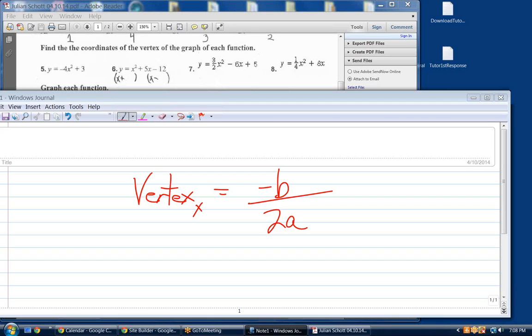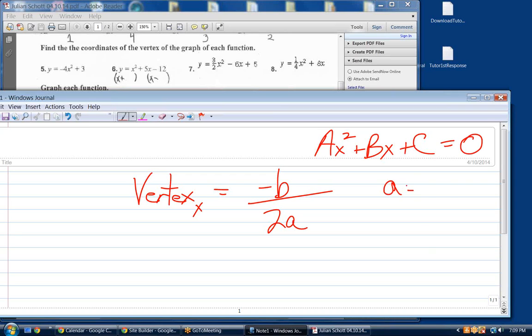Okay. So in this equation, what is A and what is B? Remember that this is the standard format right here. There's your A, B, and C. Minus 4 is A. Yeah.